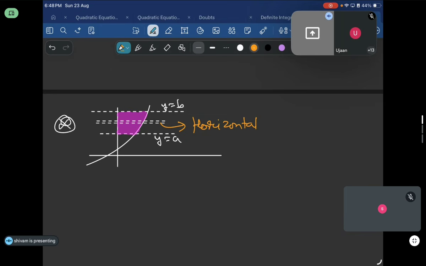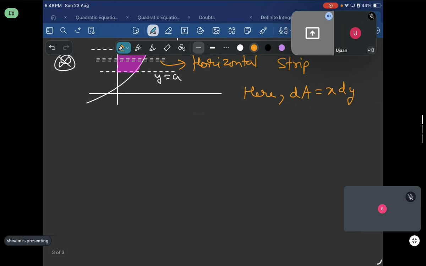It depends, you have to understand. For the horizontal strip, dA is equal to x dy.